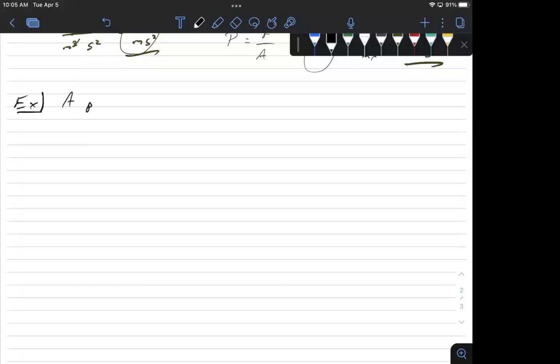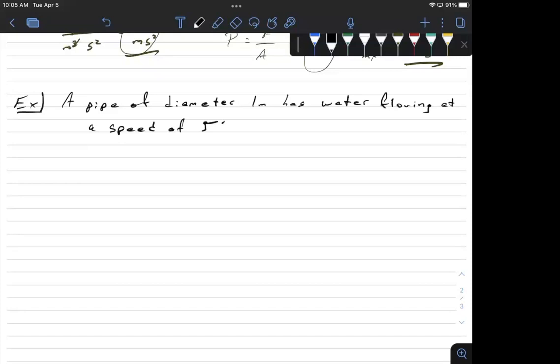A pipe of diameter 1 meter has water flowing at a speed of 5 meters per second.